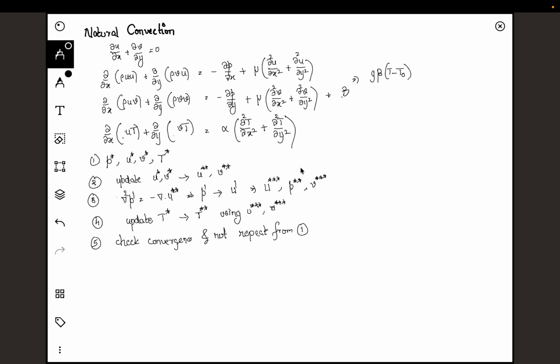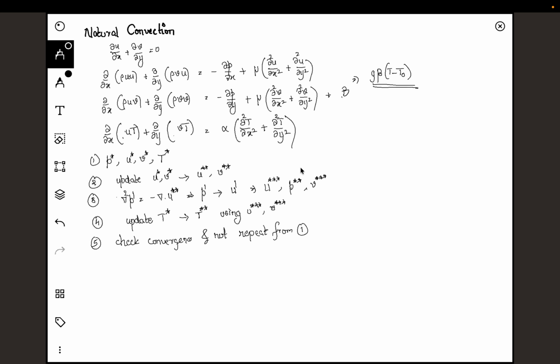If for suppose you are solving another problem where you do not have this coupling, where you do not have explicit dependence on the last variable you are solving, then it is straightforward. You only solve these 3 equations first, get the velocity, use that velocity to solve the last equation. So this fourth step will actually come out of the loop if you do not have this coupling. Only when you have natural convection this problem comes.